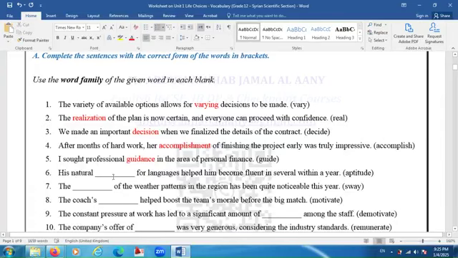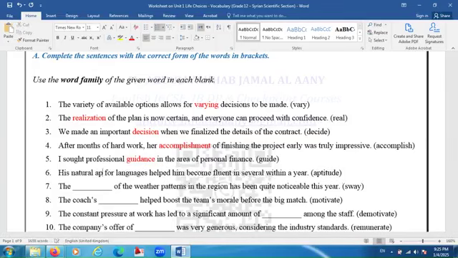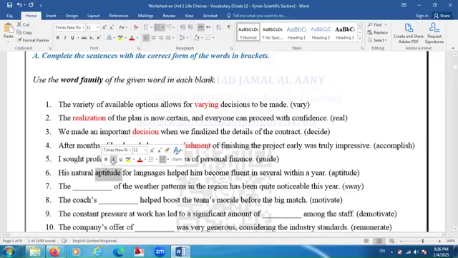His natural aptitude for language helped him become fluent in several within a year. His natural, same word, aptitude, the same noun. Number 7.